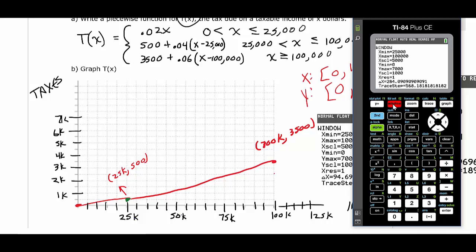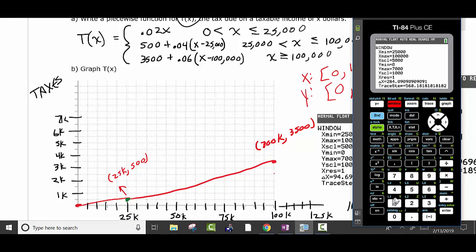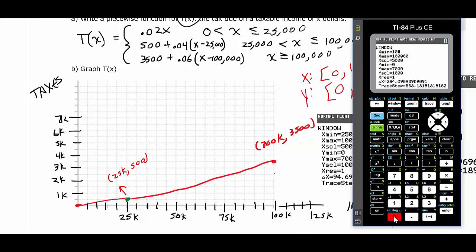Which tax bracket am I in? I'm 100,000 and beyond, right? So my x minimum is going to be 100,000, and then you can just pick something bigger. I'm going to go all the way to like 125,000. I think that's what I had you do on your graph. Then we'll use that trace feature to get the key points.